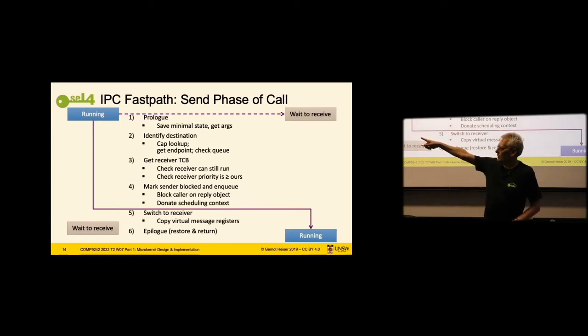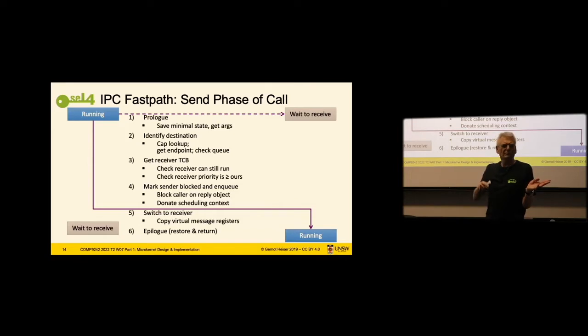And then find out, okay, what are we actually doing? Do a capability lookup to say, okay, what kind of operation is this? Is this an endpoint? And if so, check whether there is a receiver waiting in the endpoint queue.